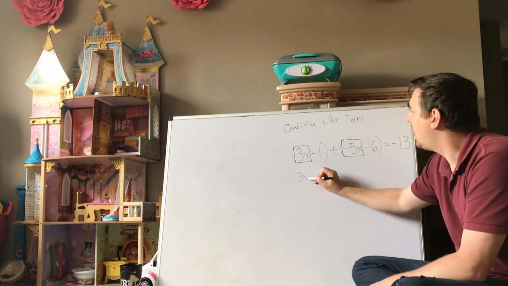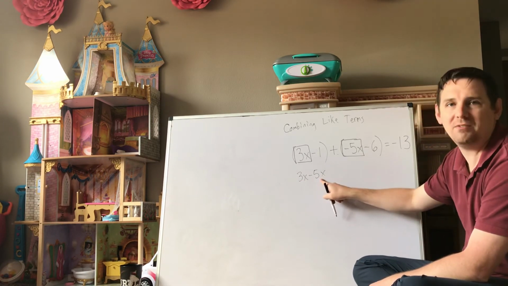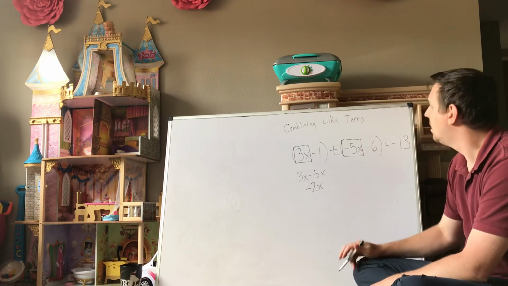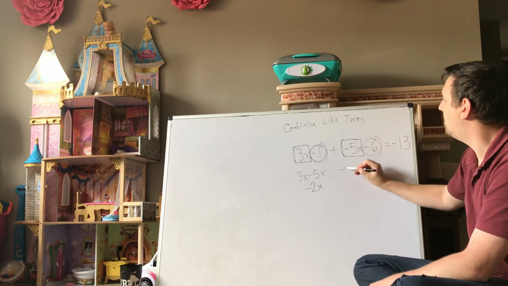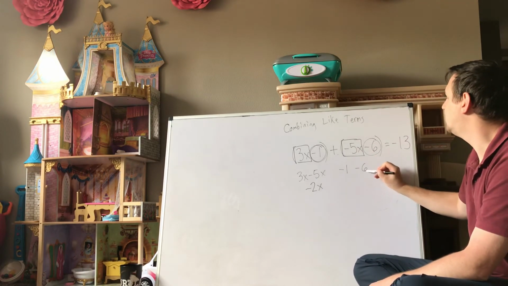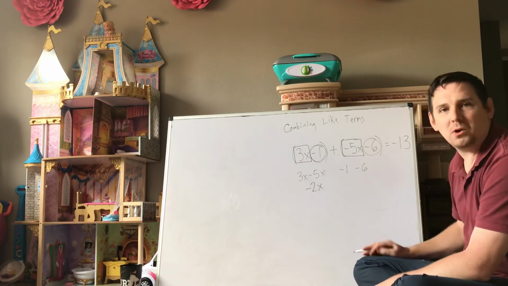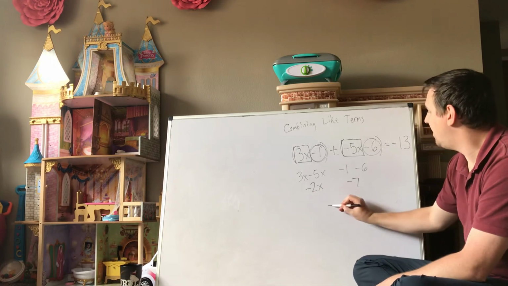What's there more of, positive 3's or negative 5's? Negative 5's. How many more? Negative 2. We've got a minus 1 and a minus 6. What is 1 negative with 6 more negatives? 7 negatives. So we have negative 2x.